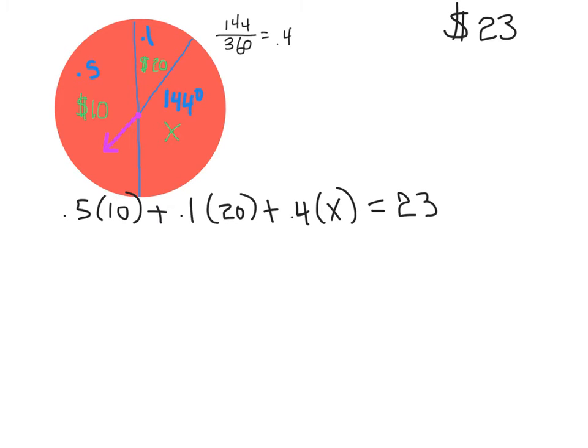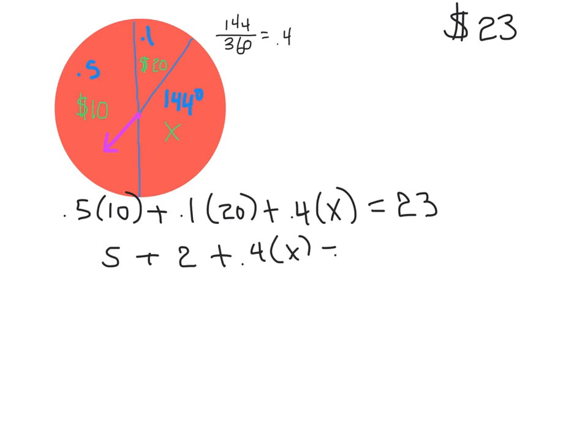So 0.5 times 10 is half of 10, which is 5. Whoops. 5 plus a tenth of 20 is $2, plus 0.4 times we don't know.